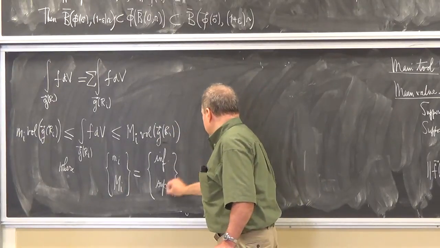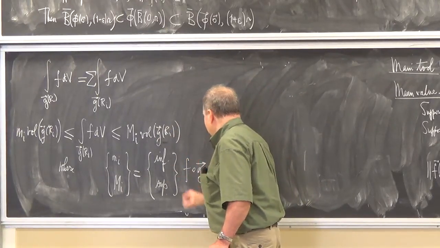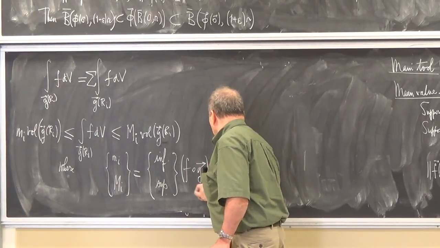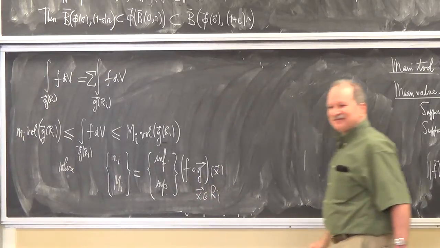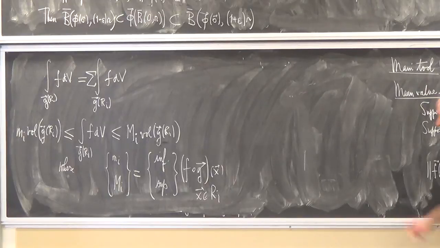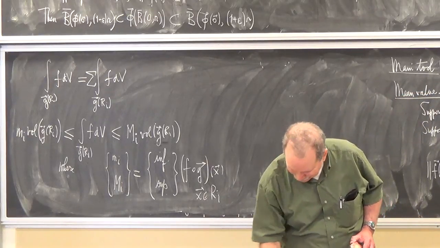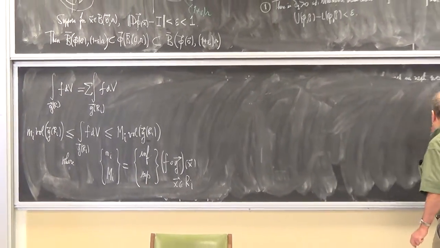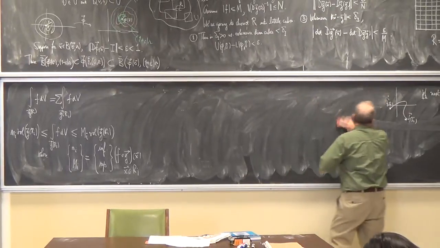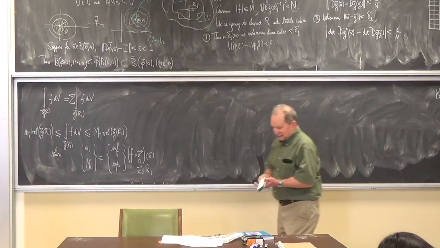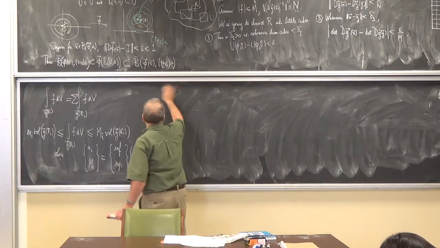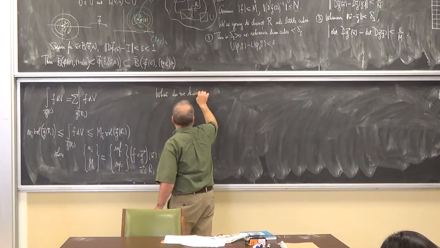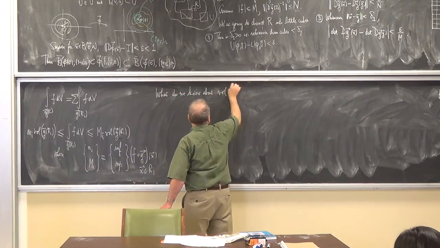So that is the inf of the sup of f∘g of x when x is in R sub I. Okay. Now, what do we know about the volume of g of R sub I?